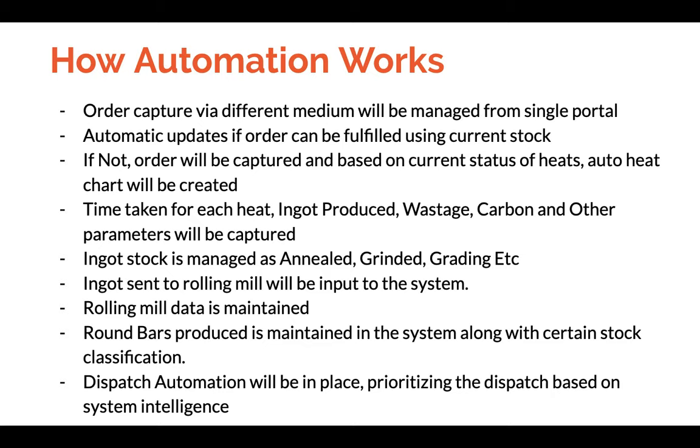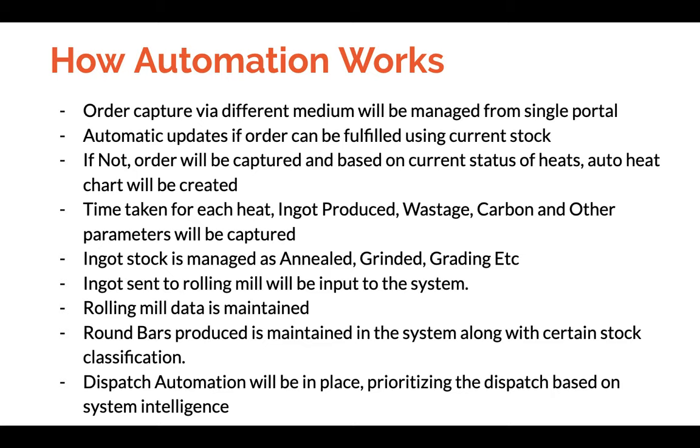And the last part is the dispatch. So basically not the last, one of the parts is dispatch. So dispatch automation will be in place. Now this dispatch part is again a problem sometimes, like you don't generally come across things like who is the client, who is the priority, or maybe I can send this later on.